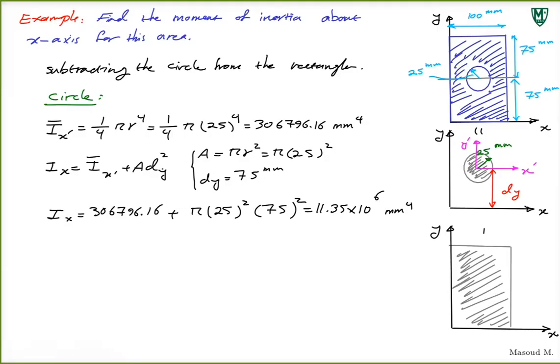So this is for the circle. This is the moment of inertia about x-axis for this circle. Now I have to find the moment of inertia about x-axis for this rectangle.